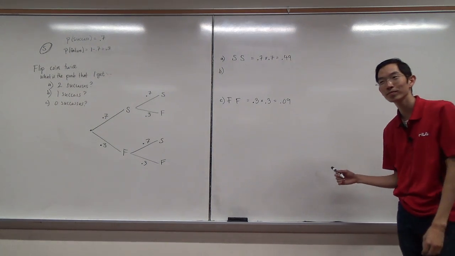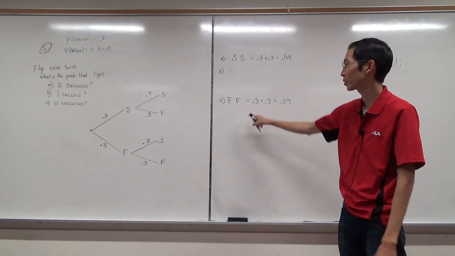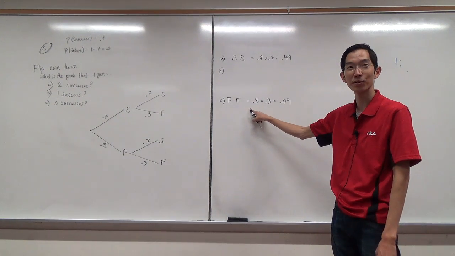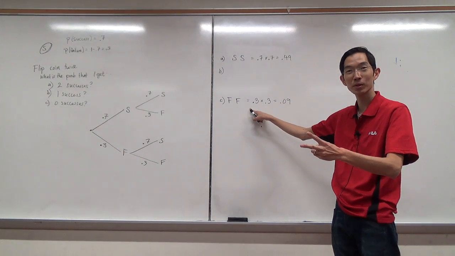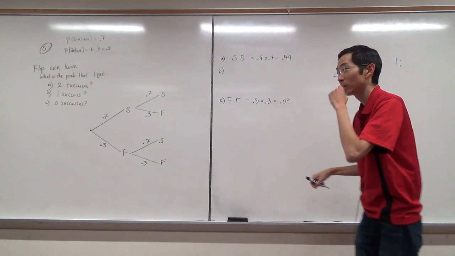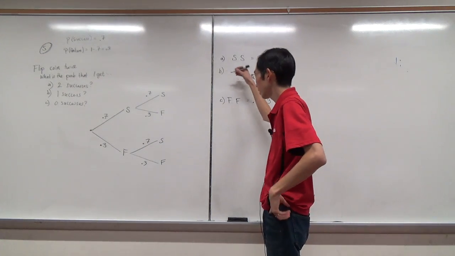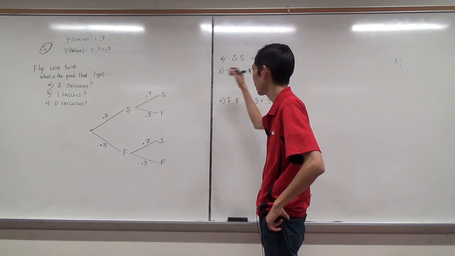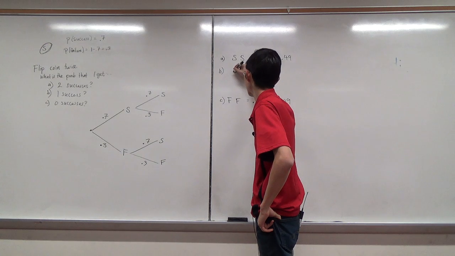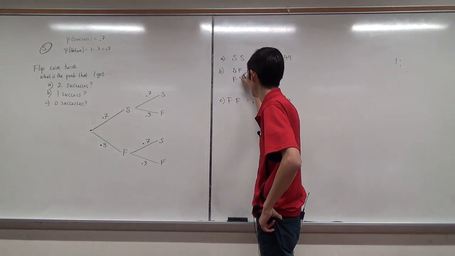So far so good? This is part C, the probability of getting 0 successes after 2 coin flips. It means I have to get failure on both of my coin flips. And then the last one is asking, what about getting 1 success? Okay? So there's 2 ways. I could get success and then failure, or I could get failure and then success.